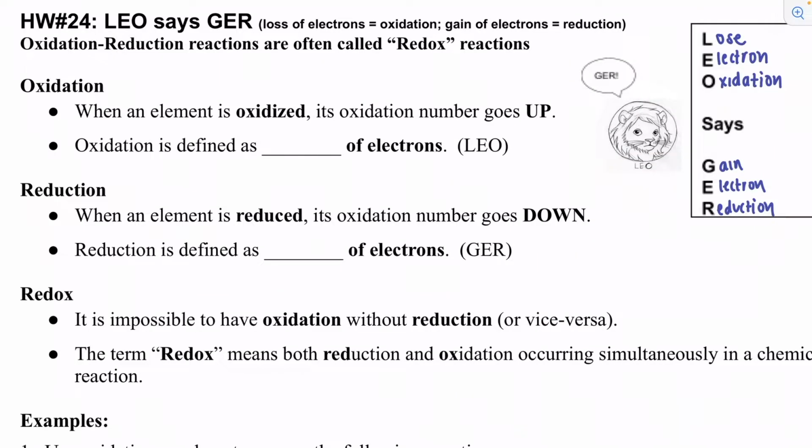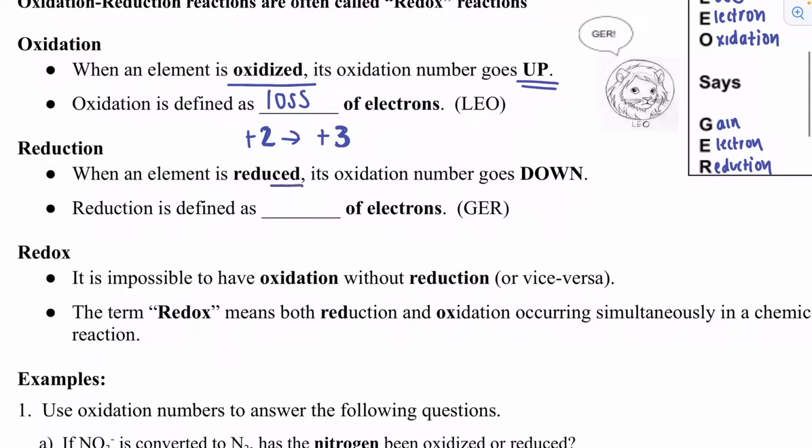When an element is oxidized in oxidation, its oxidation number goes up. So for instance, its oxidation number could go from +2 to +3. That is defined as the loss of electrons. Remember, when something becomes more positive, it is losing electrons. When an element is reduced, its oxidation number goes down.